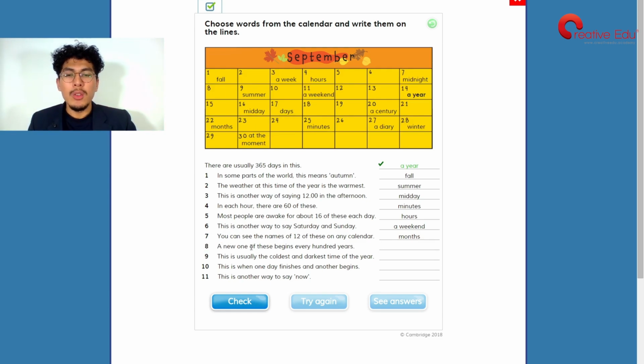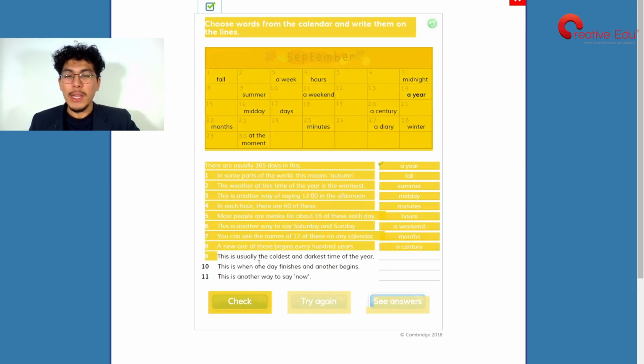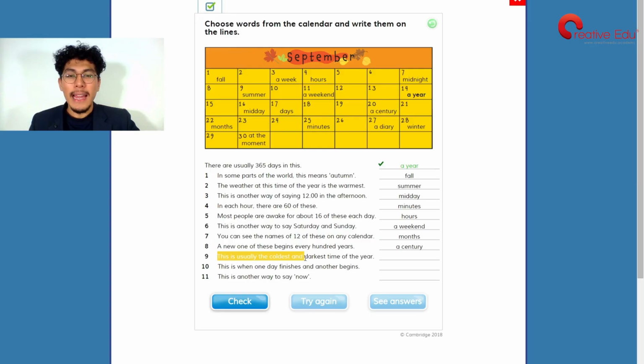Number 8. A new one of these begins every 100 years. Wow, I'm going to be very old, and that is a century. All right. Number 9, everyone. This is usually the coldest and darkest time of the year. Sometimes days can be short.